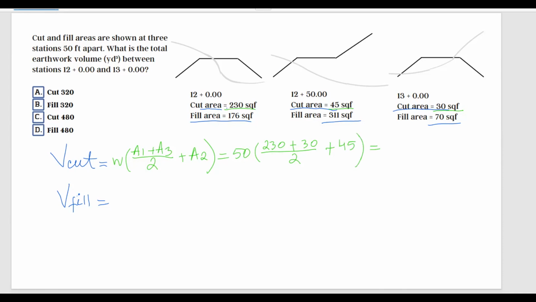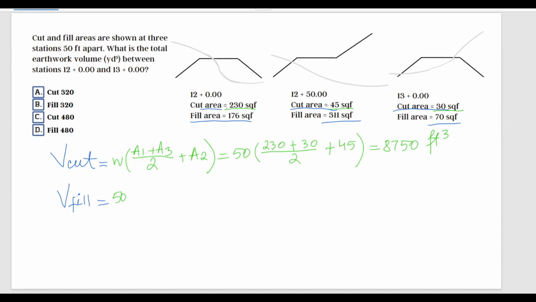Okay, and this is going to give you a value of 8,750 feet cubed.